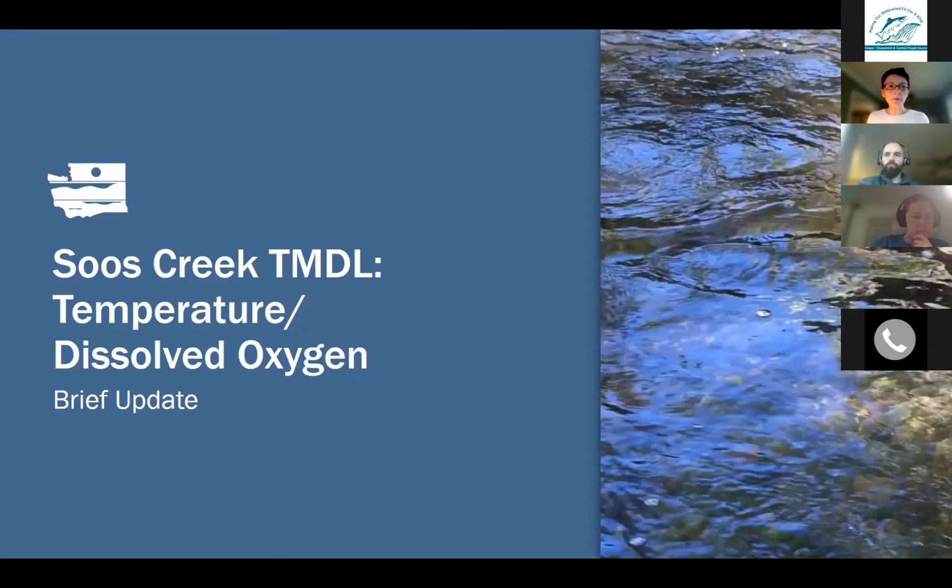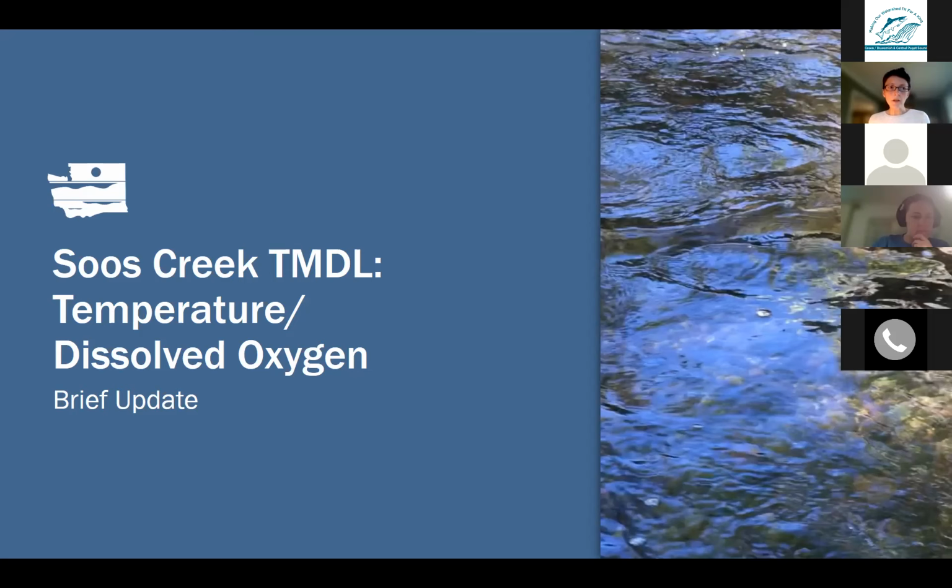So before I move on to the presentation on the benthic part of the TMDL, I want to give you a brief update on the temperature and dissolved oxygen. The initial model that was developed by Tetra Tech and the EPA showed that temperature standards could be met if the riparian buffer is restored.